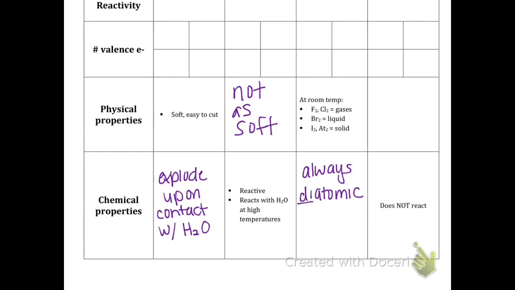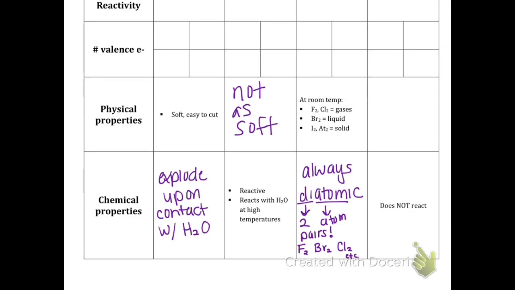So di means 2, atom means like your elements, right? So they always come in pairs. So every halogen, you'll see F, like fluorine, always comes in a pair. Like bromine will always come in a pair. Chlorine will always come in a pair, and so on and so forth. That's why they are called diatomic.